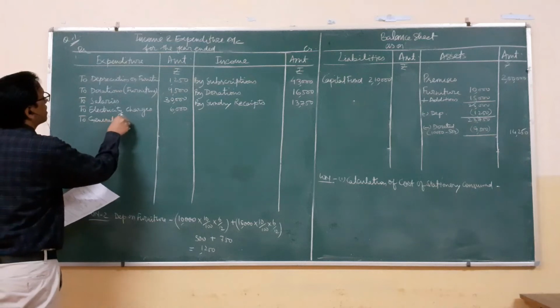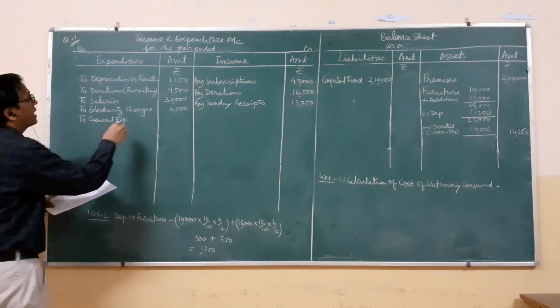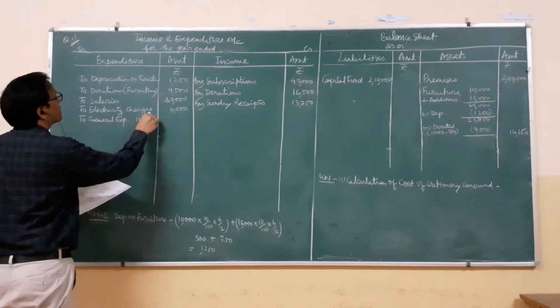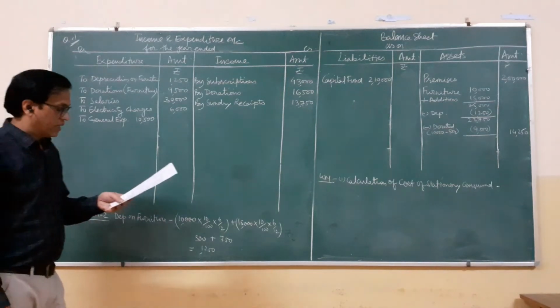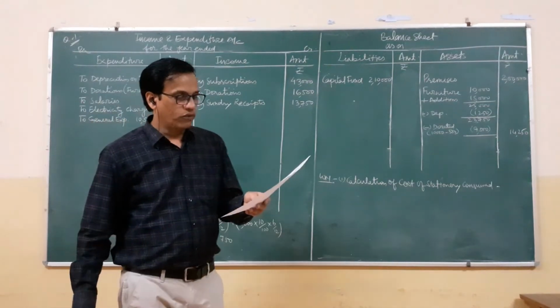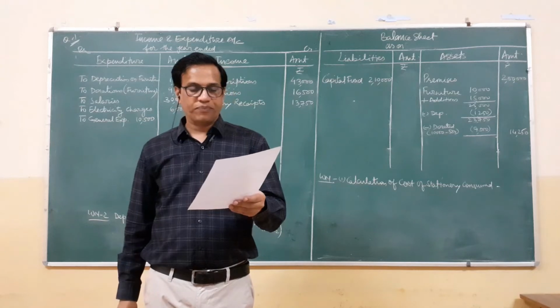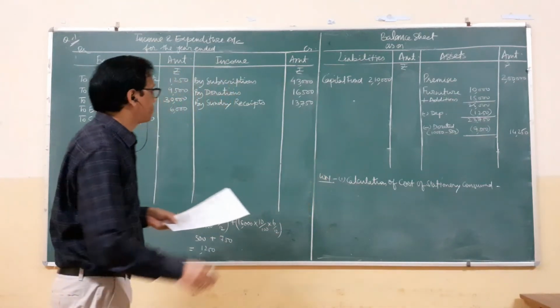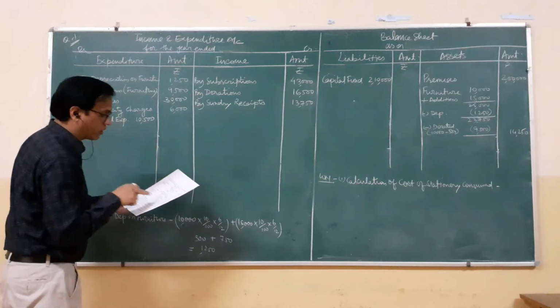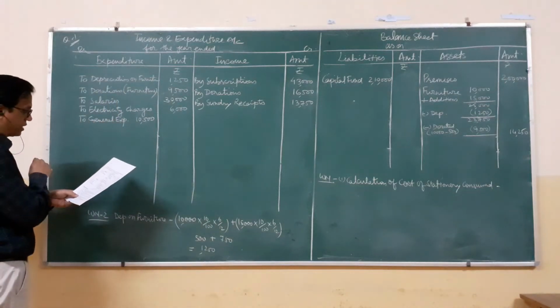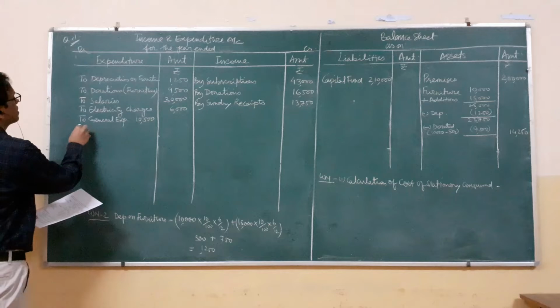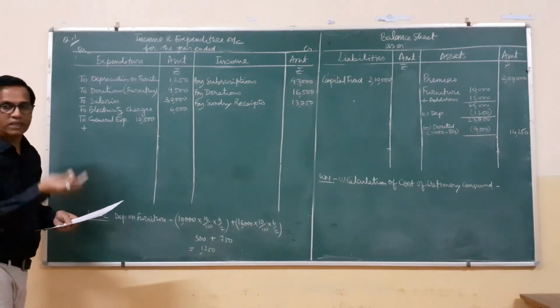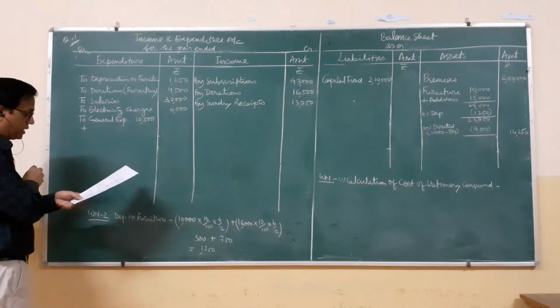Now we go with the additional information. 10,500 is here. Information says, third point, a payment of 2,500 for stationery by the club was to be debited to the general expenses. So out of this 12,500 paid to the creditors for stationery, 2,500 is to be debited to general expenses.